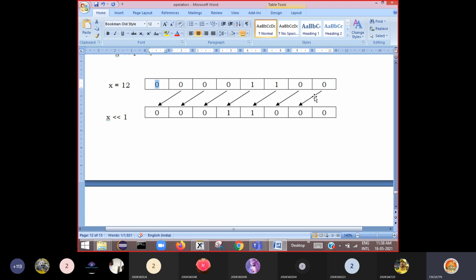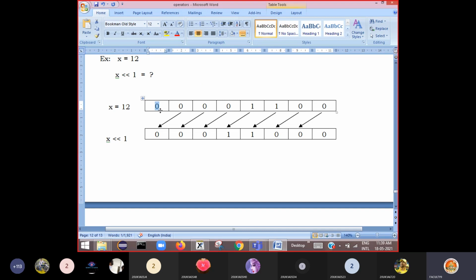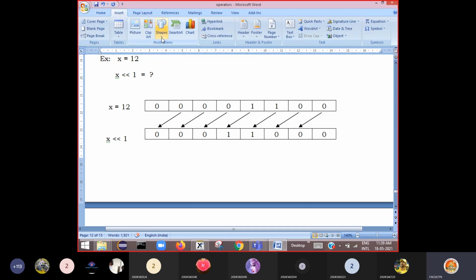Like this, all the bits will move one bit towards left. So the leftmost bit will be discarded, and the rightmost bit position will be filled with a 0. Understood? So this will be discarded here.